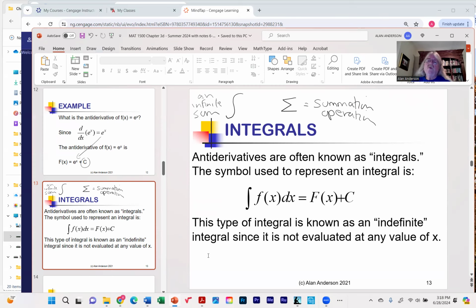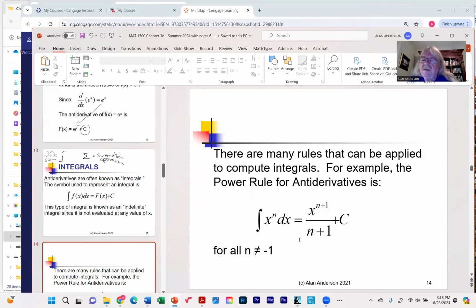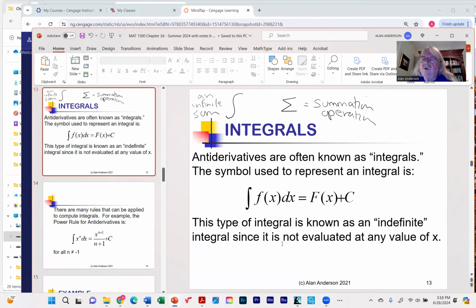Now, if you notice, we're not going to end up with a specific constant for our result. So this type of integral is referred to as an indefinite integral because it will not be evaluated at any particular value of x. If that's what we want, then we'll use what's called a definite integral, which again, we'll see in chapter 4.